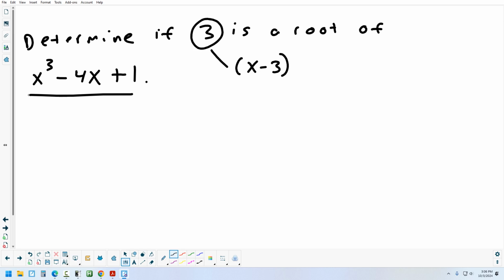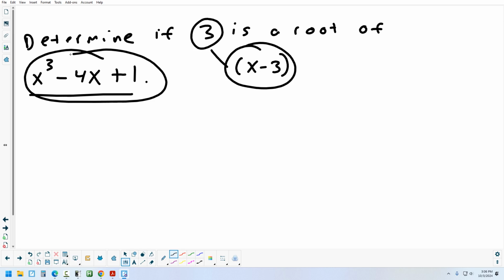Now, if something is a factor, when you divide it in, what do you get for a remainder? 0. So let's just use the remainder theorem to check the remainder, and that'll tell us whether or not that is a root.